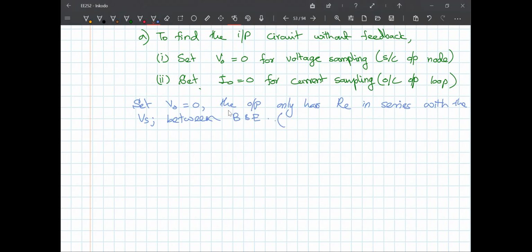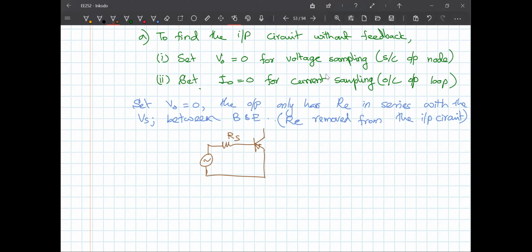So now what we are going to do is RE removed from the input circuit. So let me just draw the input circuit without feedback. It would look something like this. That would be my input circuit, right? We don't care about the rest of it, right? So we don't care about where the ground is. This is basically the circuit that we see.